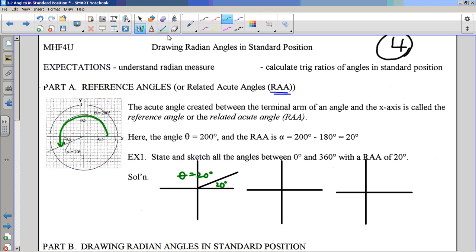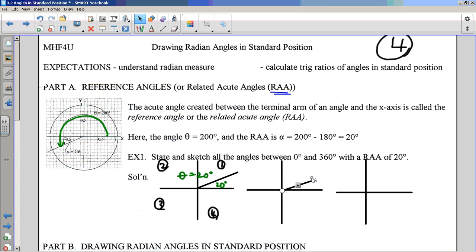The second one is in the second quadrant. Remember, we label the quadrants in the way we rotate. So this is first quadrant, second quadrant, third quadrant, and fourth quadrant, and that makes sense because that's the way we rotate.